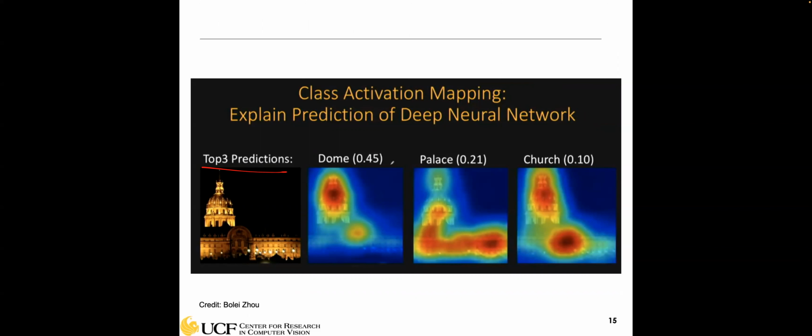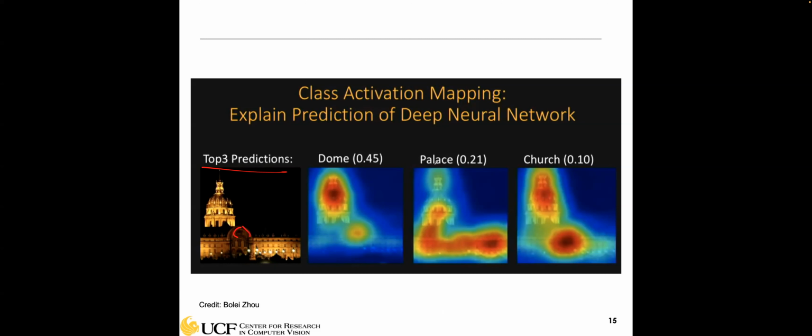So these are the top three predictions, and we can see for each prediction how the network pays attention. For making the prediction of dome, this class activation map is looking at this top region, the dome, right? It looks like a dome region, this kind of circular surface.